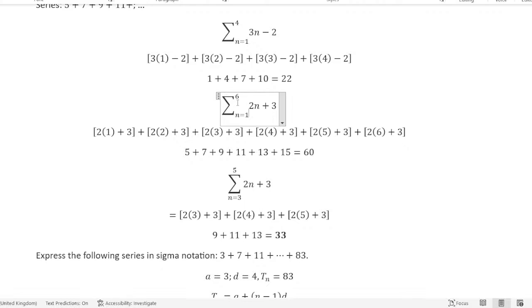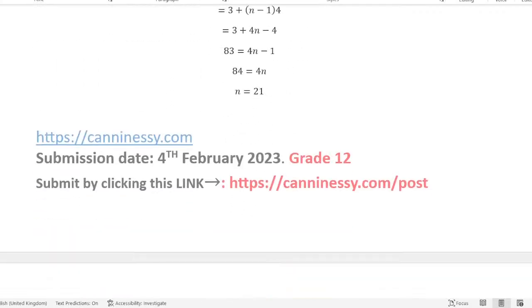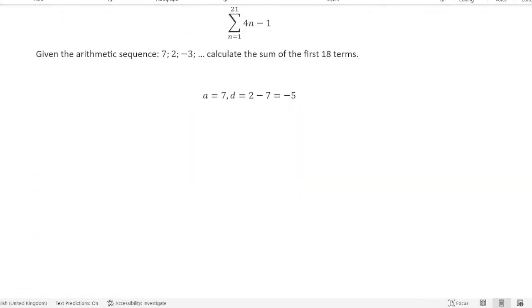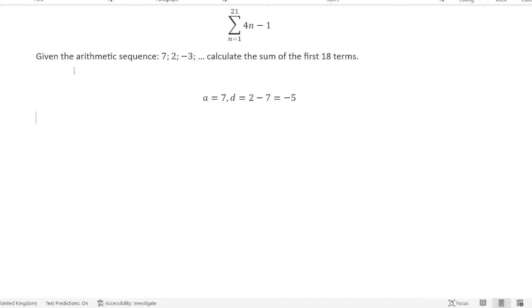But if we're adding up to 1000 terms, are you going to write these up to 1000? Your paper will be full. So now we have a formula for calculating the sum of the sequence.